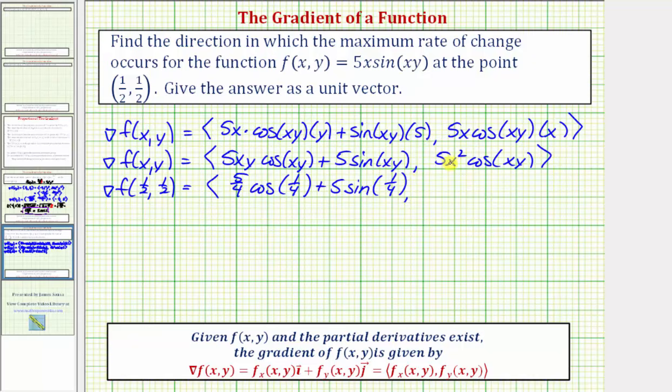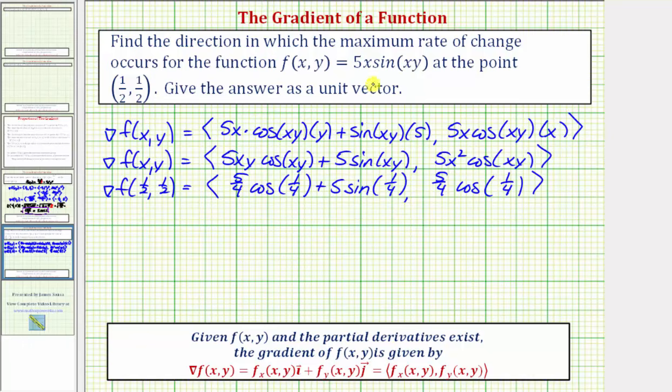And for the y component, we have 5 times x squared is 1/2 squared, or 1/4. 5 times 1/4 is 5/4. And we have cosine of x times y, or 1/2 times 1/2, which is 1/4. So this vector here is the vector that points in the direction of the maximum rate of change of f at the point 1/2, 1/2.